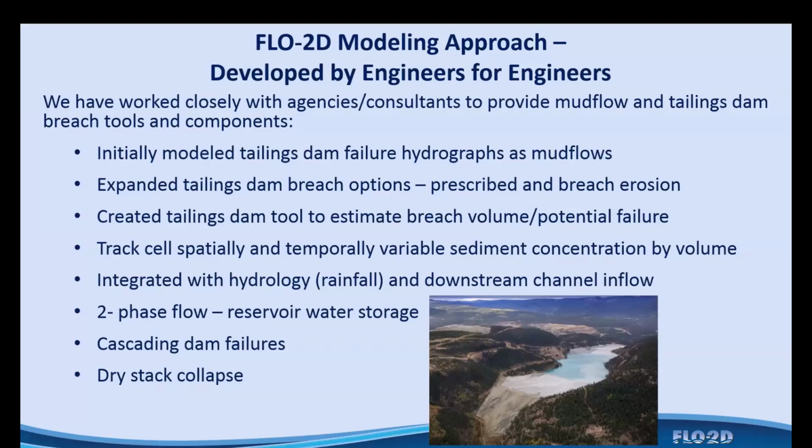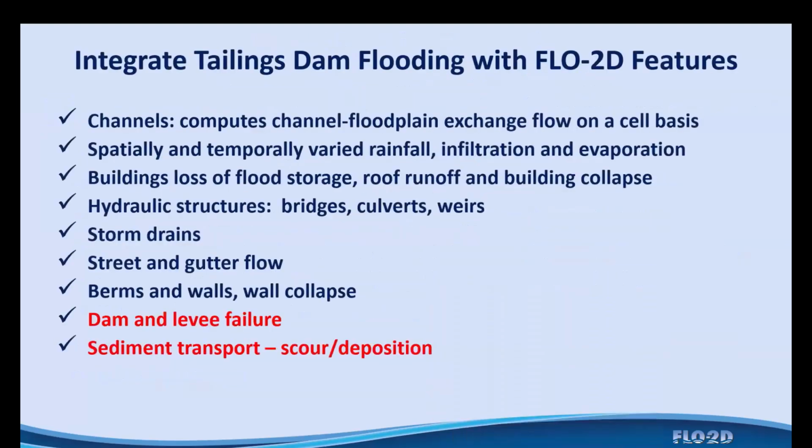We can do cascading dam failures and a dry stack collapse. When you model the tailings dam failure downstream, you can add all of the details that Flow2D offers in estimating the area of inundation, which is primarily controlled by the volume of the release.